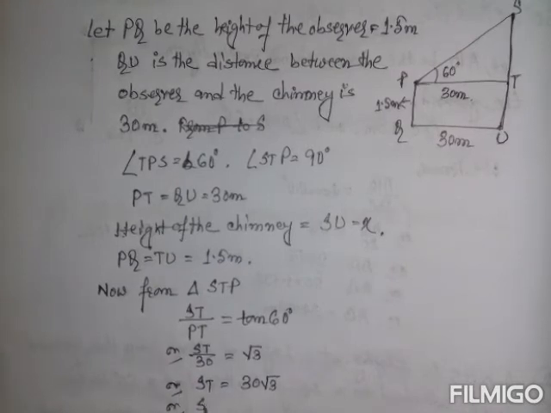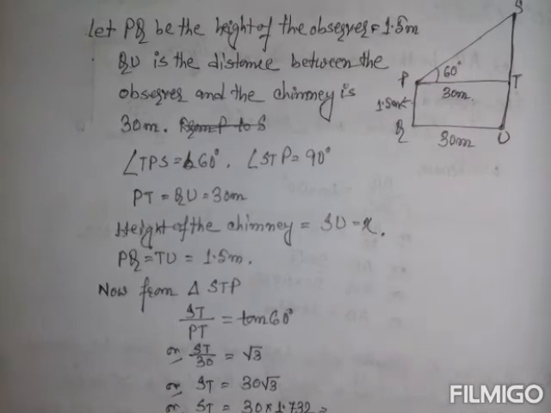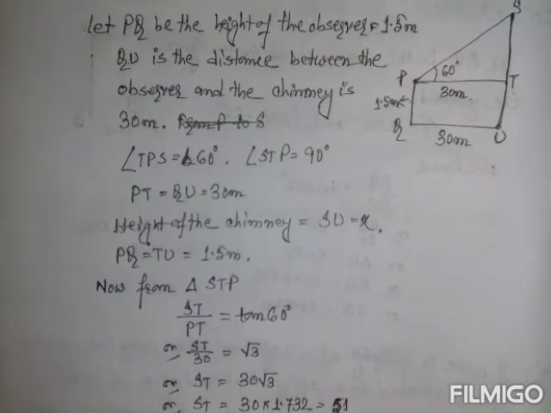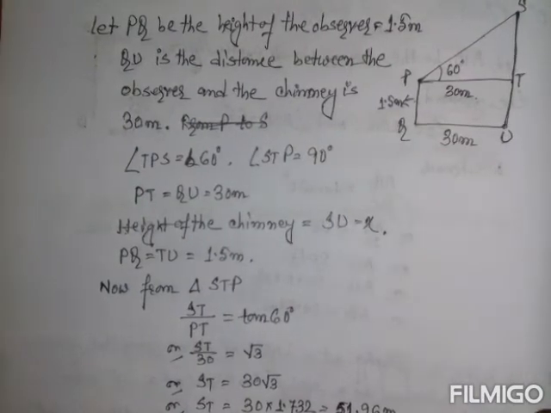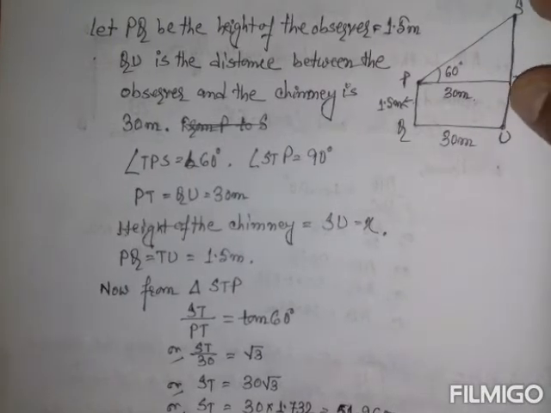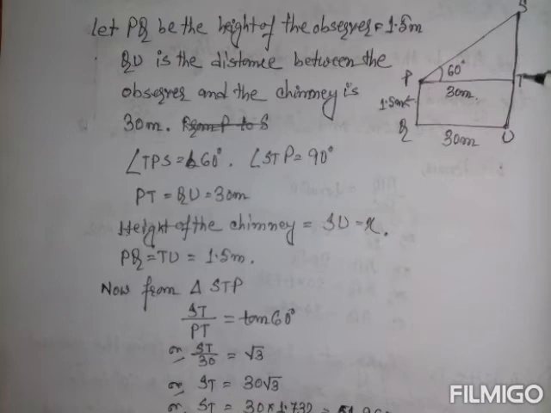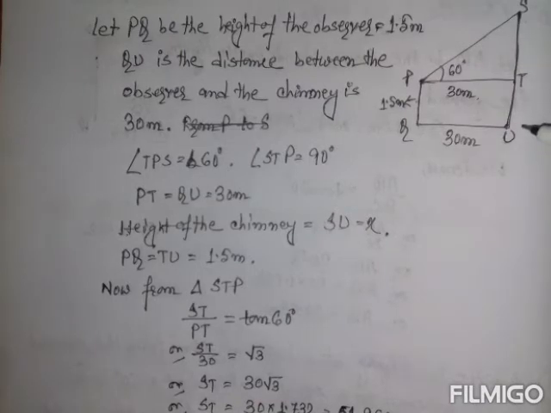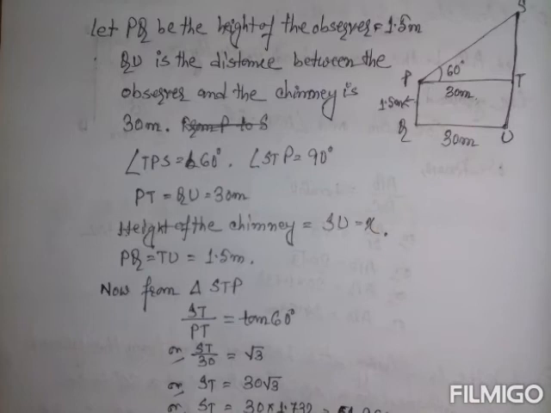Now ST is equal to 30 into 1.732 is equal to 51.96 meter. So ST is equal to 51.96 meter, and TU we know this is 1.5 meter.